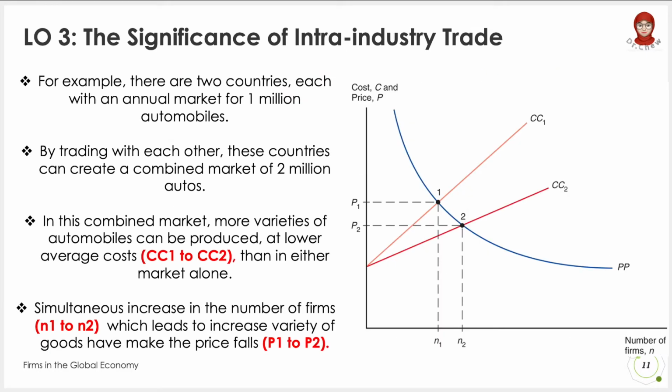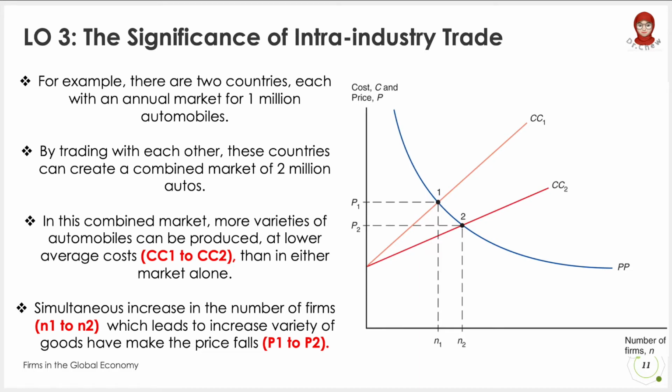We have a simple example to illustrate the effects of intra-industry trade, which increases market size. The idea is simple. That is, an increase in the size of the market allows each firm to produce more and thus have lower average costs. Suppose, for example, there are two countries, each with an annual market for 1 million automobiles.